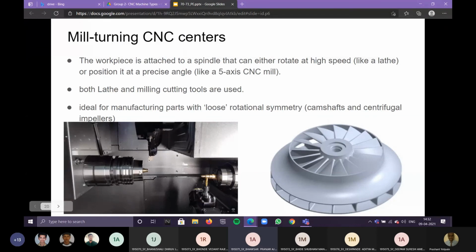The tool holder can either clamp the workpiece at a particular place, or it can also rotate the workpiece like in turning machines. So this machine can do the work of both lathe and milling cutting tools. Parts which have both circular or cylindrical surfaces and intricate details can be manufactured on these machines.